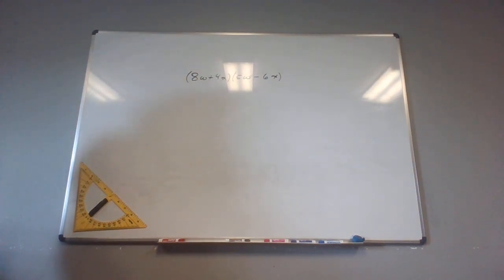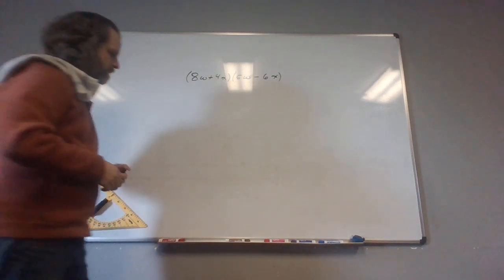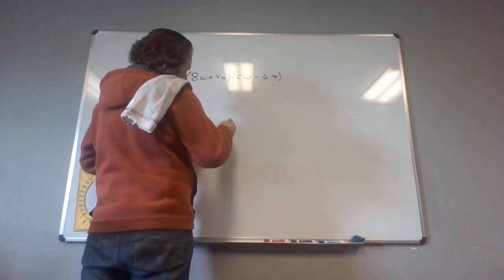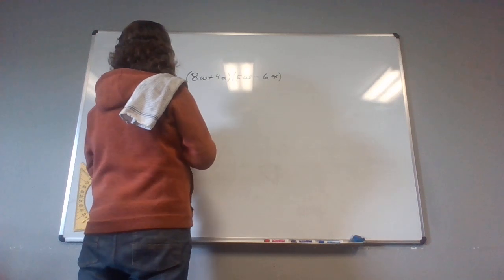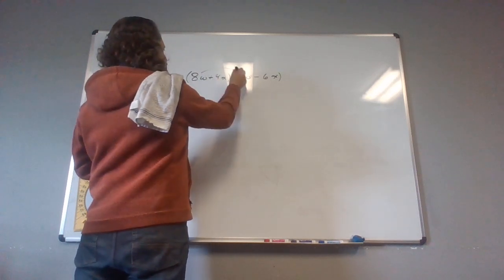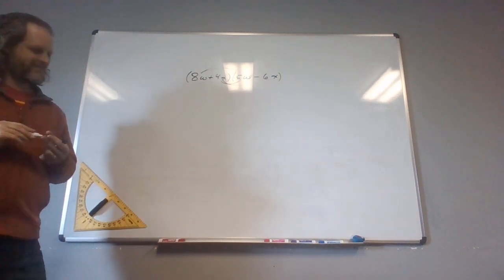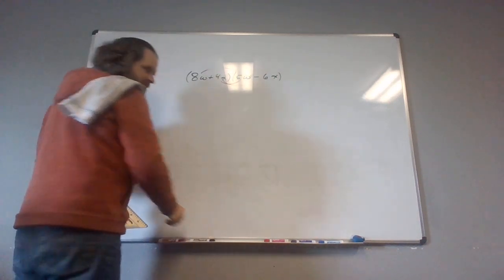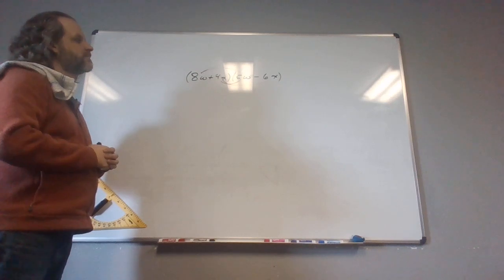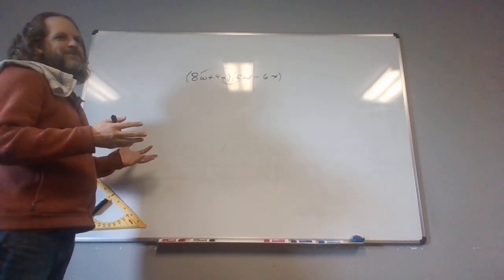What should we do now? I multiply everything by everything. Yeah. Do a little swoosh, swoosh, swoosh, right? The arches. I find it easier doing that than whatever the FOIL thing is. It really is the same steps.